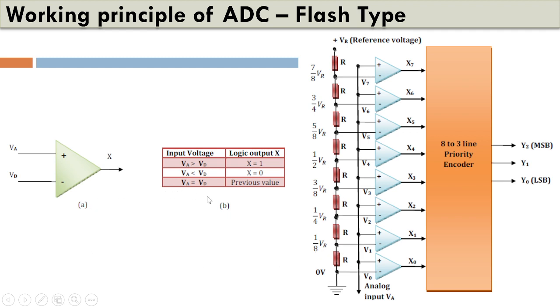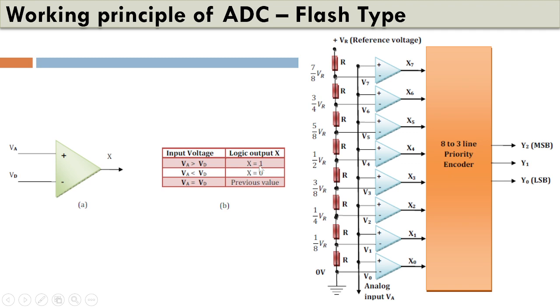So if VA is greater than VD, then the output will be 1. Again I'm repeating, if VA, the voltage applied at the non-inverting terminal, is greater than the voltage at the inverting terminal, then as per the open loop configuration of the op amp, the output will be at positive high.